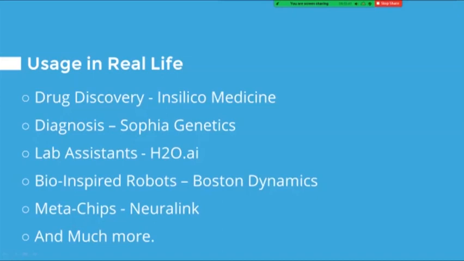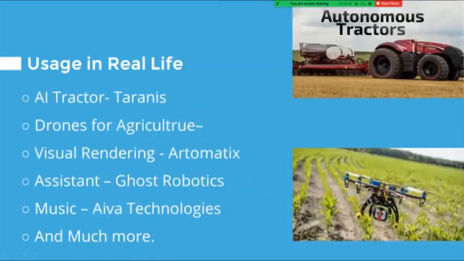Likewise, we have bio-inspired robots, meta chips by Elon Musk's company Neuralink, and many other applications like AI-based tractors, drones for spraying pesticides and water, visual rendering systems, Ghost Robotics that can assist human beings, and a lot of generative technologies like you saw in the video, generating music and other things. So I can say that AI is growing very fast.